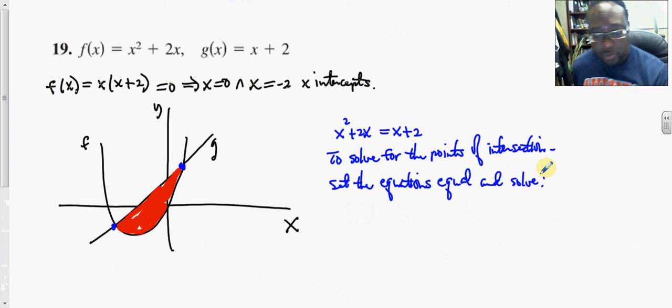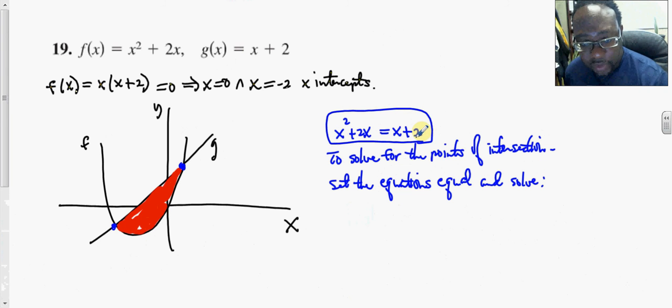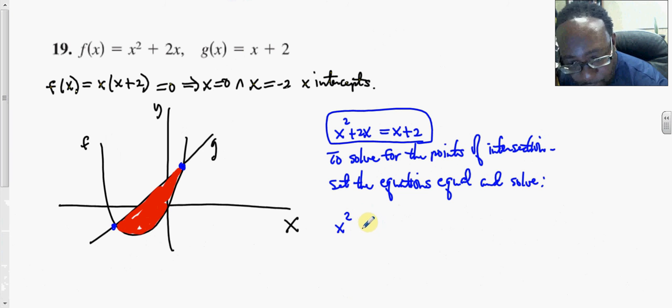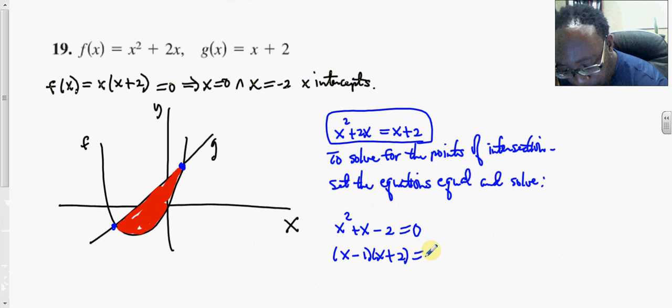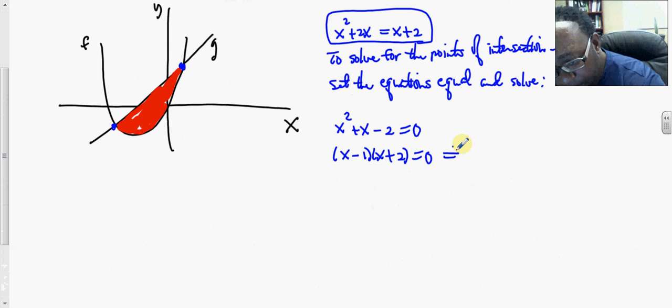And solve. So here, for these two equations set equal, we have x squared plus x minus 2 equal to 0, do factoring. So we have x minus 1, x plus 2 equal to 0. Well, that implies that x equal to 1 and x is equal to negative 2.